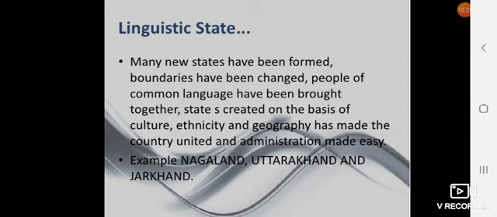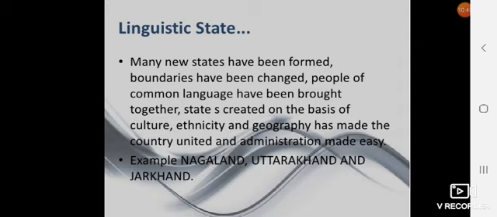After independence, many new states have been formed, boundaries have been changed, and people of common language have been brought together. States created on the basis of culture, ethnicity, and geography have made the country united and administration easy. Such states are Nagaland, Uttarakhand, and Jharkhand.